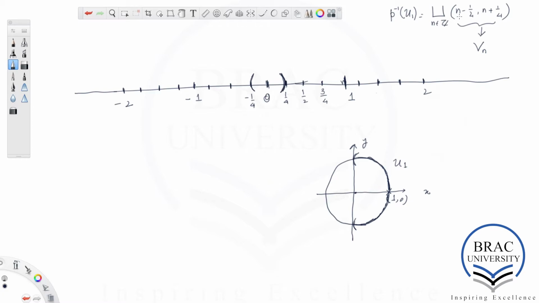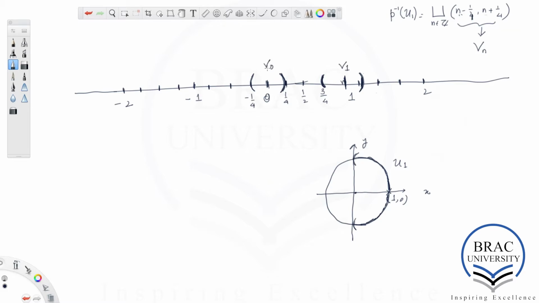Now, when we plug in 1 for n, we have 3/4 to 5/4, which is slightly here. Okay, somewhere here, 3/4 to 5/4. This is going to be V1.